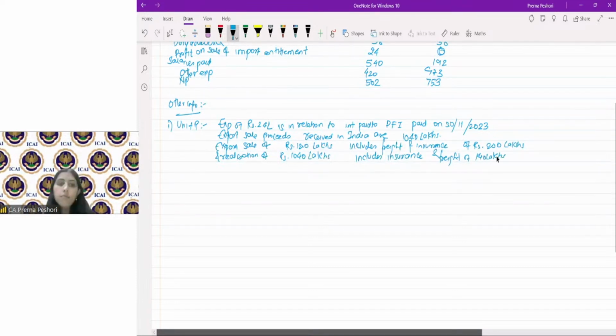Fine. Unit Q, export sales received in India was rupees 850 lakhs.